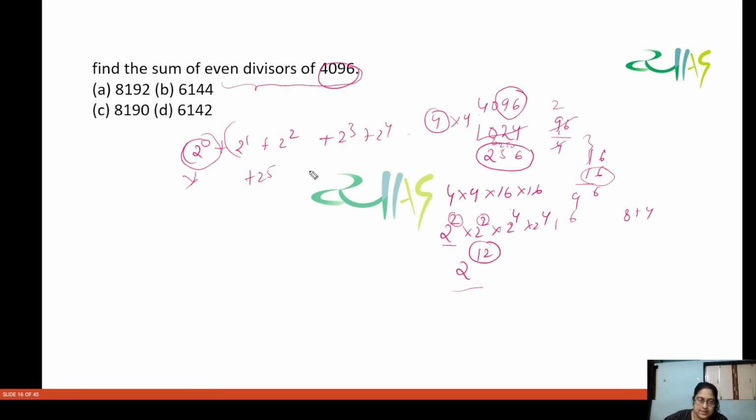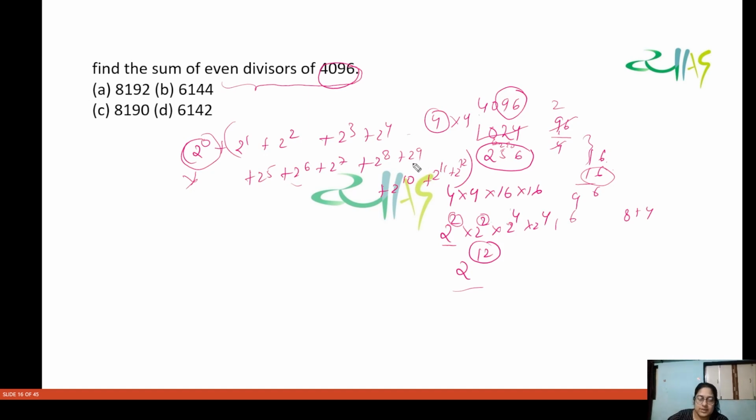You have to find the sum: 2 to the power 8, 2 to the power 9, 2 to the power 10, 2 to the power 11, and 2 to the power 12. So you have to find the sum of this. So this is a long task. I'll leave it to you.